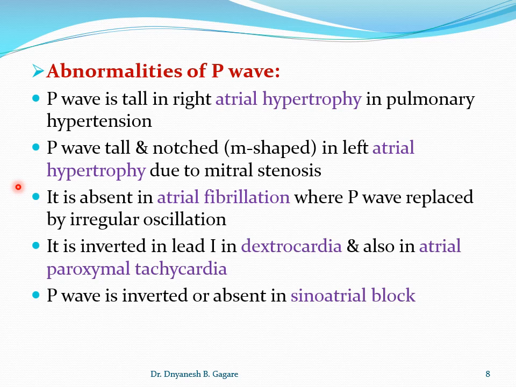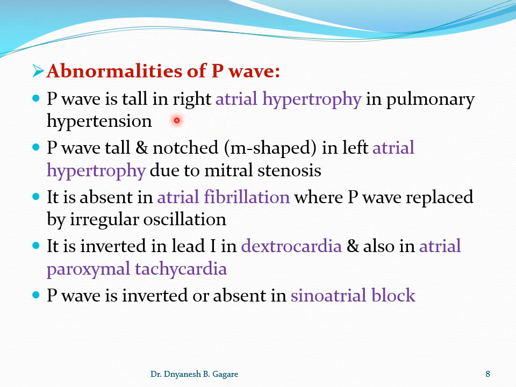Here is the applied part of the P wave, the abnormalities. The P wave is tall in right atrial hypertrophy in pulmonary hypertension. If there is pulmonary hypertension, that means a problem in pulmonary circulation, there is a back pressure to the right side of the heart, which means the heart is working against resistance.